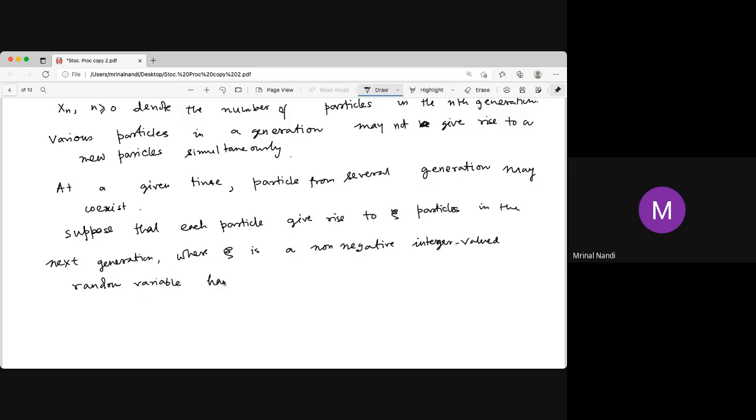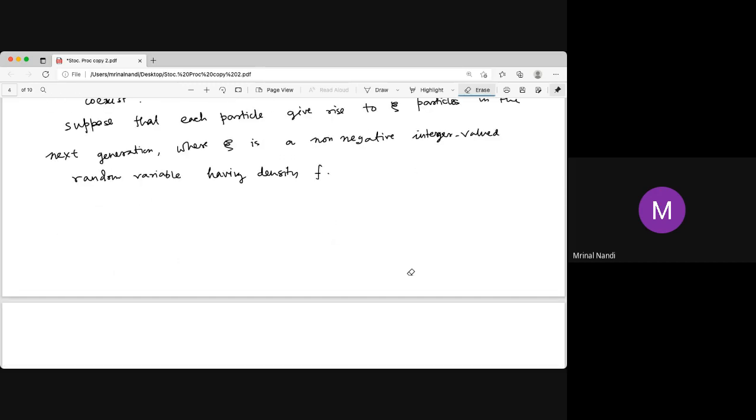Now the density is taken as f, so f is the density. Density here means the probability mass function. We also say density in the discrete case; the probability mass function is the density in the discrete case. That is also called offspring. The child is also called offspring.